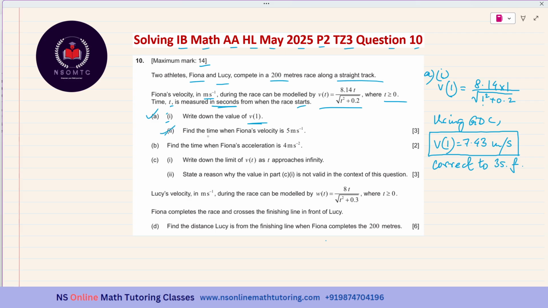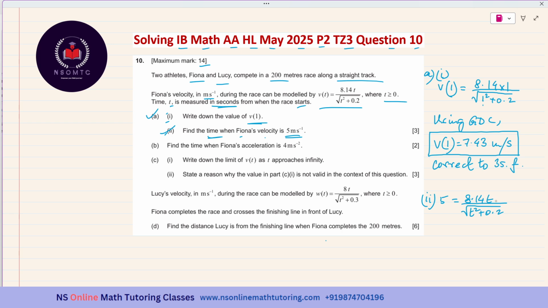A II: find the time when Fiona's velocity is 5 meters per second. So 5 equal to 8.14 t over square root of t squared plus 0.2. This is an equation. We have to find the value of t.